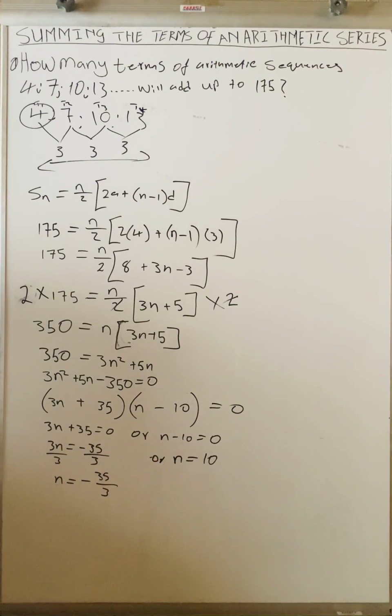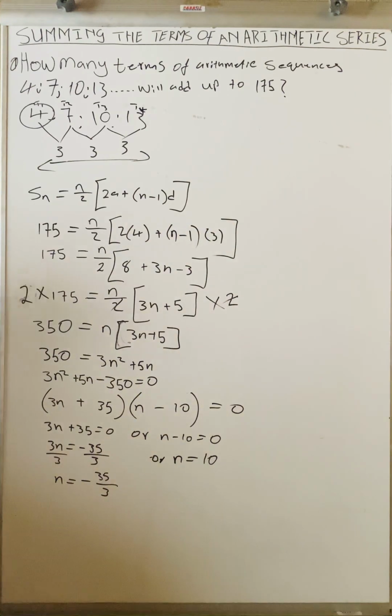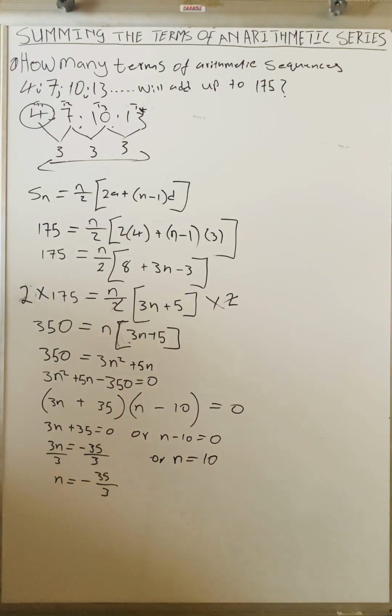Also with 10, you do the same. But when we substitute negative 35 over 3 in the formula, you will not get 175. When we substitute 10, you will get 175.